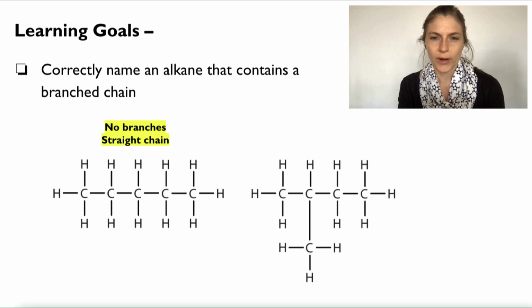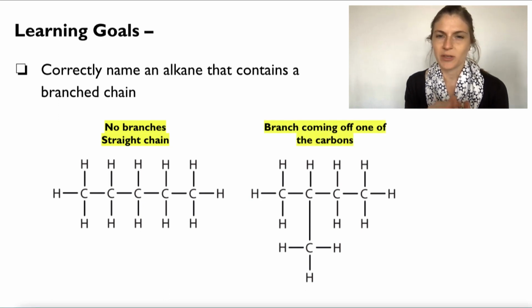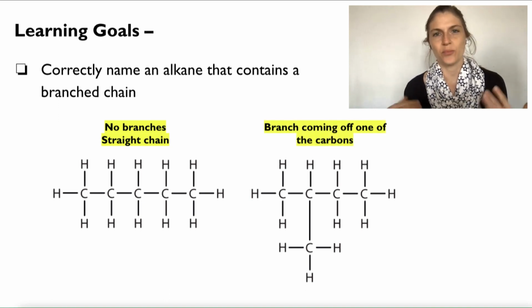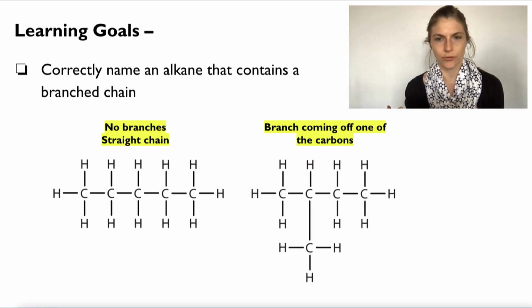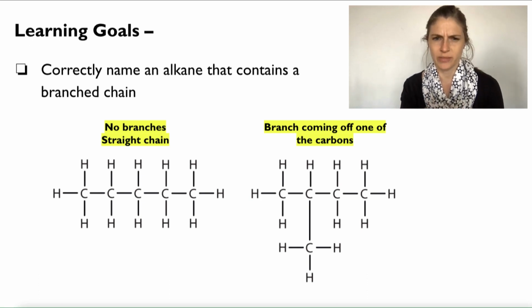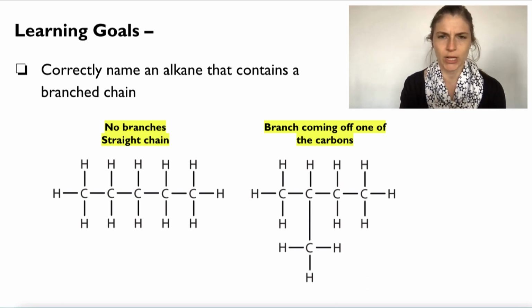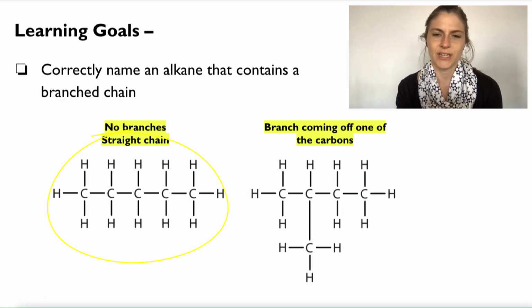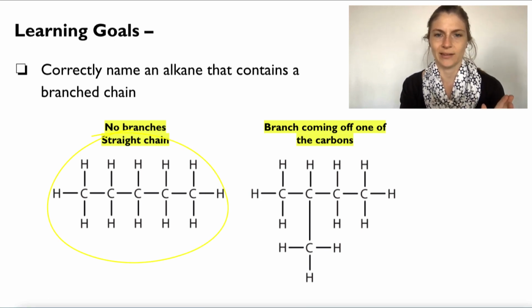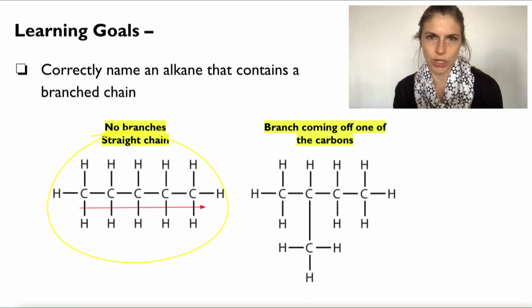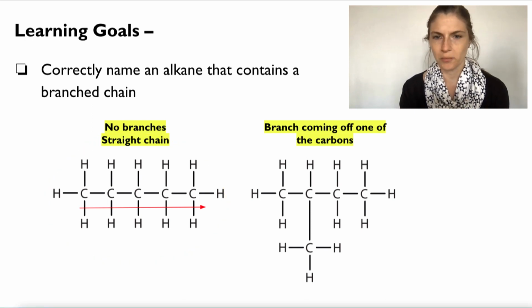When I say no branches, straight chains, I'm comparing that to a situation where there might be branches coming off of one of the carbons. I'll show you what I mean. If we're starting at the left-hand end of the molecule, at that left-most carbon, I can just move in a straight line all the way down the carbon chain without any trouble.